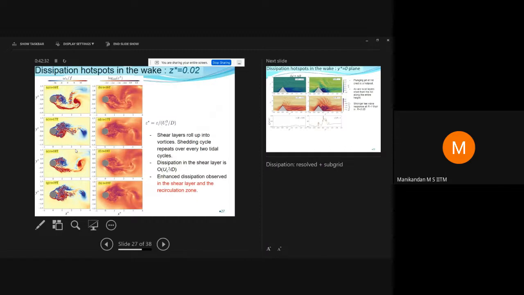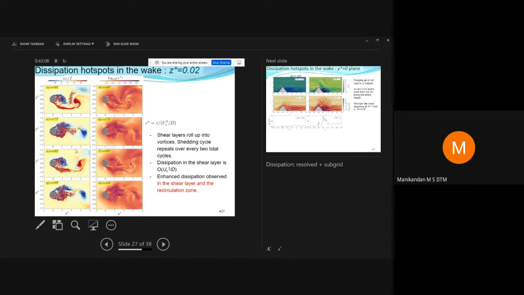Now let's move on to dissipation hotspots. I myself am a turbulence guy, so I'm very interested in this. In the ocean, it's a rotating stratified medium, so it's not easy to get it to be turbulent. That's why there's a lot of effort trying to figure out where it is that you get strong turbulence. These are plots of turbulent dissipation rate, and these are plots of the vertical dissipation.